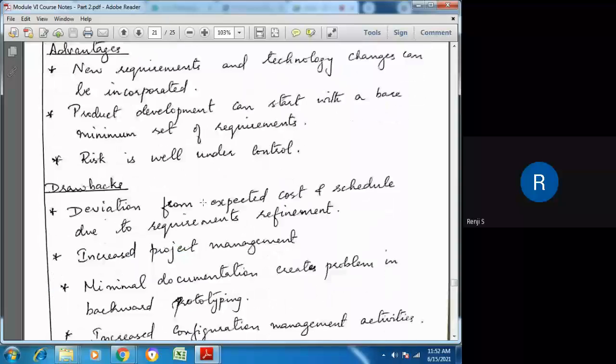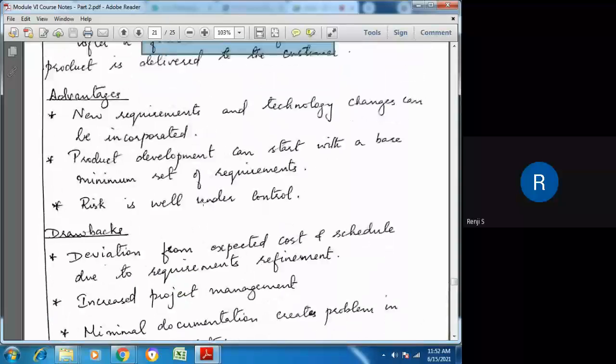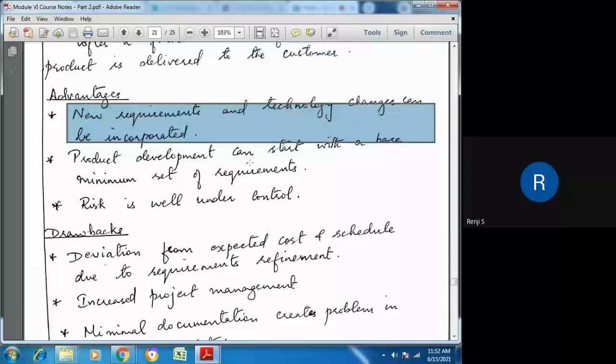Now let us look at the advantages and disadvantages. The advantage is that new requirements and technology changes can be incorporated, since it is designing all functionalities in every phase. Whenever a change or a technology change is encountered, it can be incorporated, just as in the incremental model.